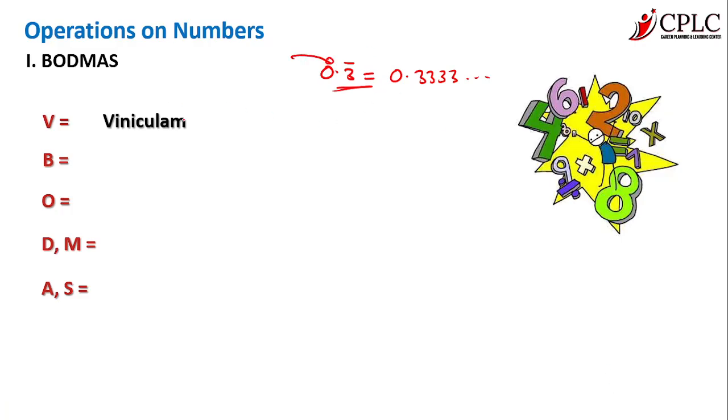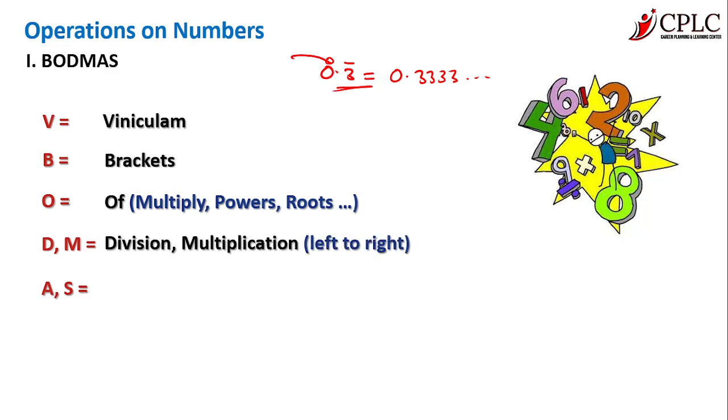So we have to remember that. Vinculum has the highest priority. Then after that, obviously, B, that is brackets. Then O is for of, which is multiplication, normally powers, roots, etc. Also, then DM, division and multiplication, left to right, whichever comes first. And then lastly, addition and subtraction.